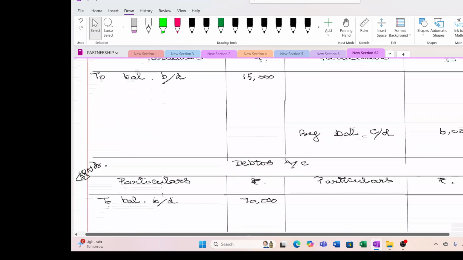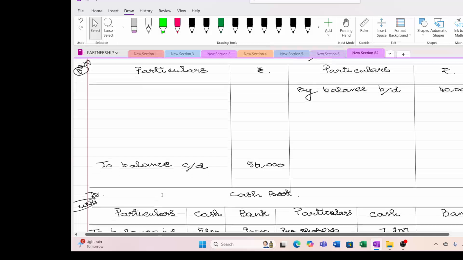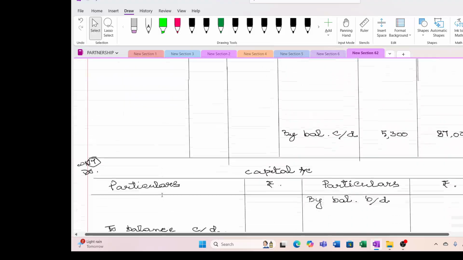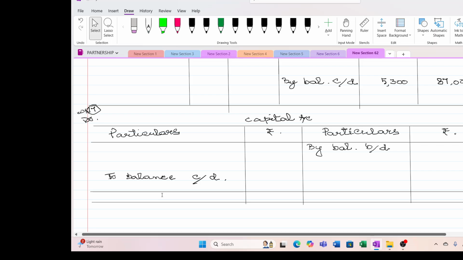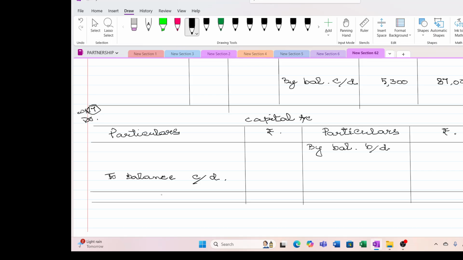We have made a salary of 1,10,400, and the drawings will go to your capital account. I have opened one working note for capital account also. Okay, so the drawing will appear on the debit side. To drawings, 16,800.